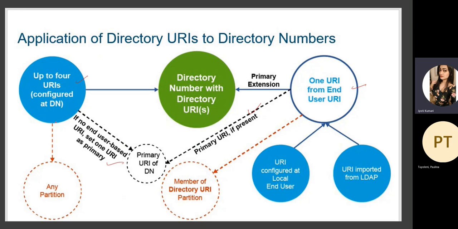URIs configured for the DNs can be part of any partition, as a member of directory URI partitions. URIs configured locally, in groups, and URIs imported from LDAP can be used. For URI configuration, either we can import it from LDAP, if you want to do user provisioning and authentication for a large number of users, or we can configure it locally.